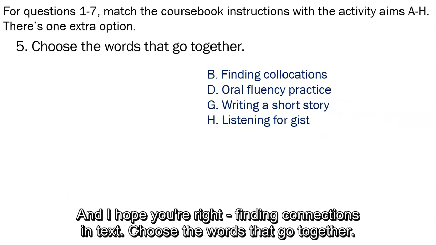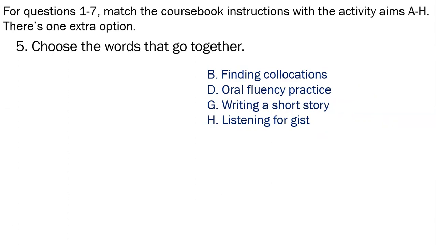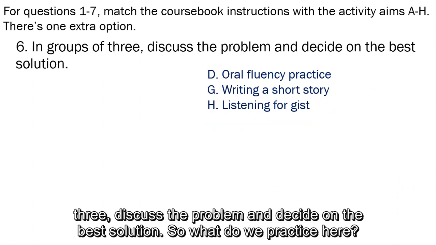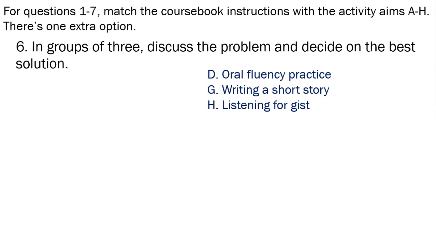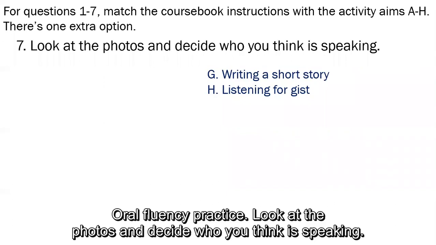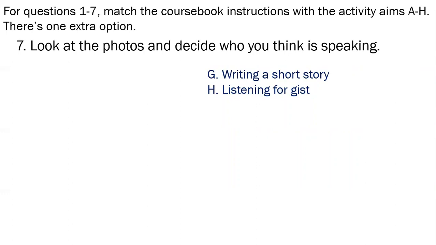Choose the words that go together. So we are finding collocations here. In groups of 3, discuss the problem and decide on the best solution. So what do we practice here? Oral fluency practice, of course. Look at the photos and decide who you think is speaking. That is listening for gist, right?